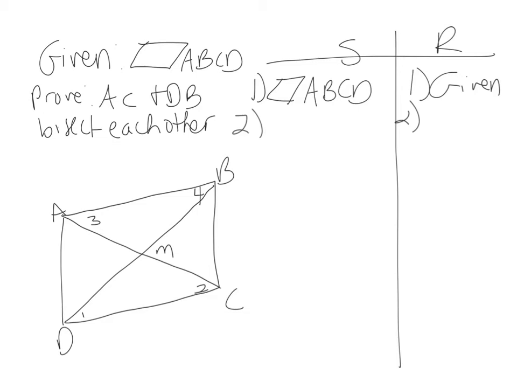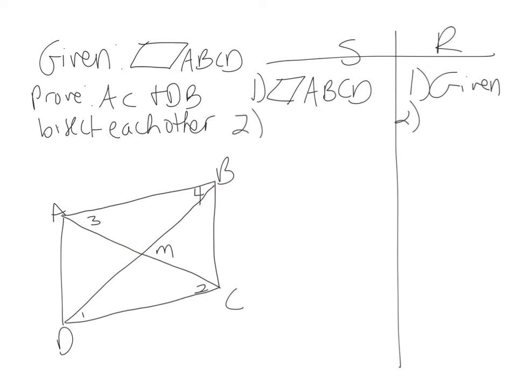Basically, I want to prove that M is the midpoint of both of these lines. I want to prove that DM equals MB and AM equals MC. Again, I'm going to use congruent triangles. I'm going to try to prove that these two triangles are congruent.